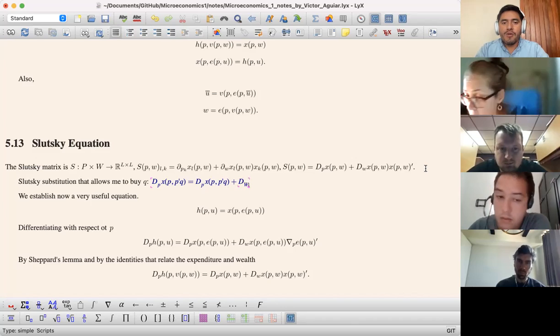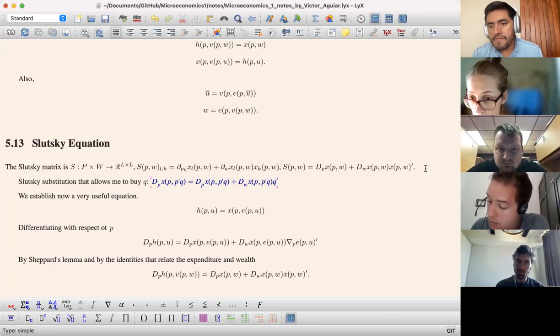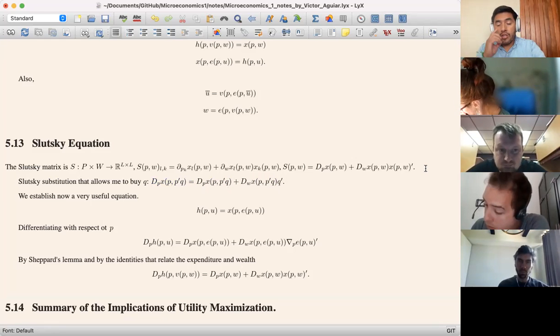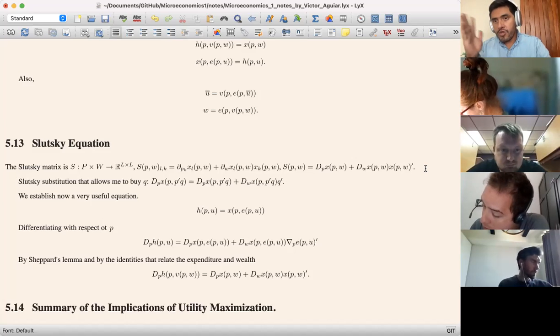So D_p x(p, p·q), and then by the chain rule, this is q transpose. Okay, good. Now, the Slutsky substitution is allowing me to always buy q, irrespective of the price change.